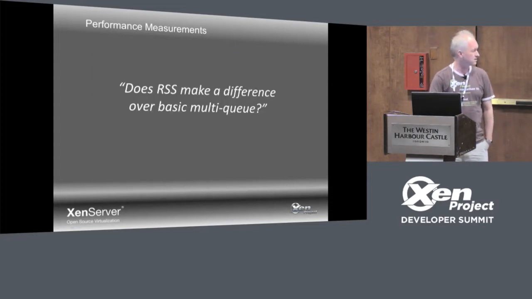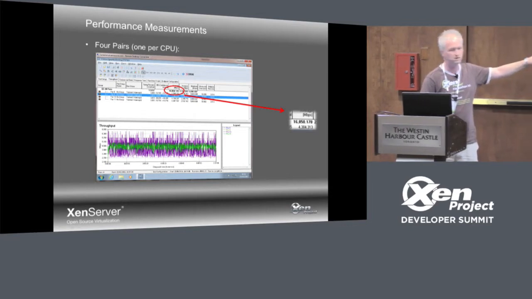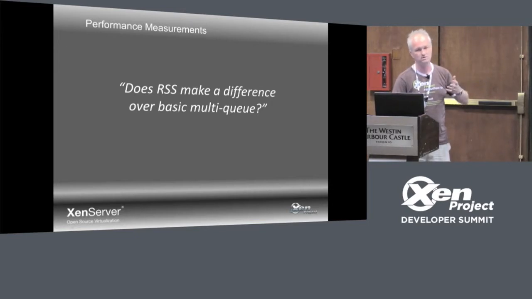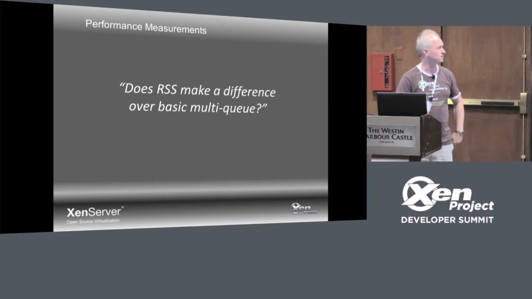So does RSS make a difference over basic multi-queue? Well, the thing is, you can see those flows are generally balanced around that same center line, so they are reasonably well distributed. And that's the thing that RSS gives you. It allows Windows to redistribute flows if it sees them starting to drift and skew onto particular CPUs.